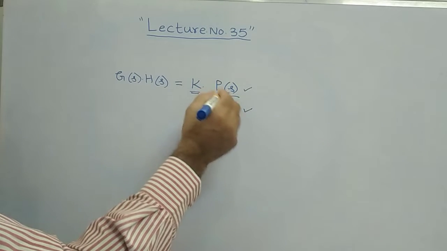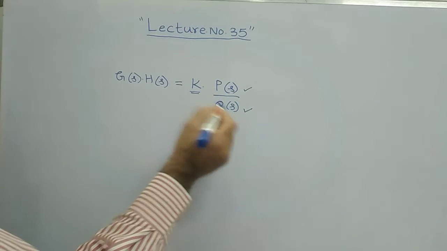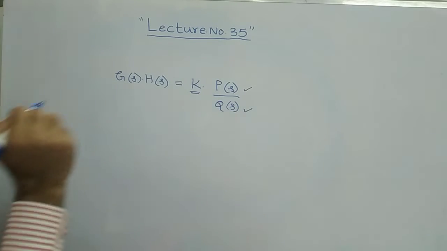Clear? P of S is the numerator polynomial, Q of S is the denominator polynomial.